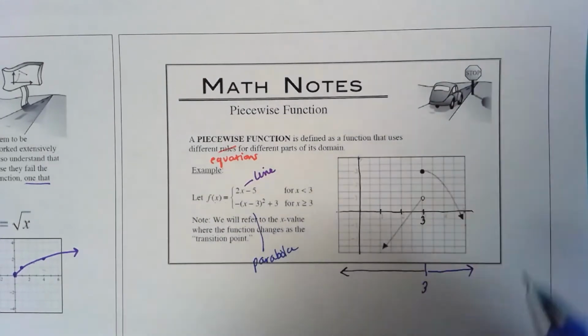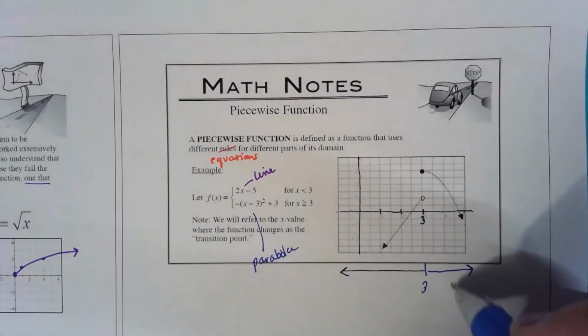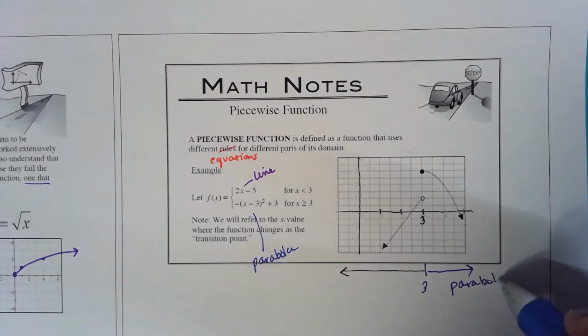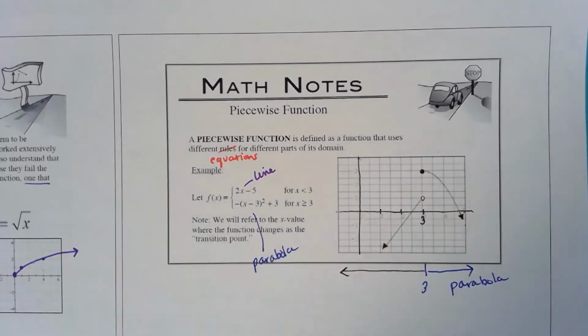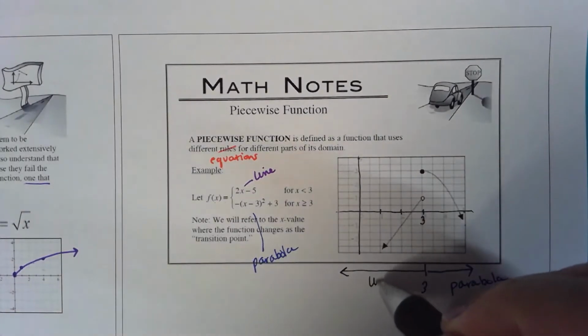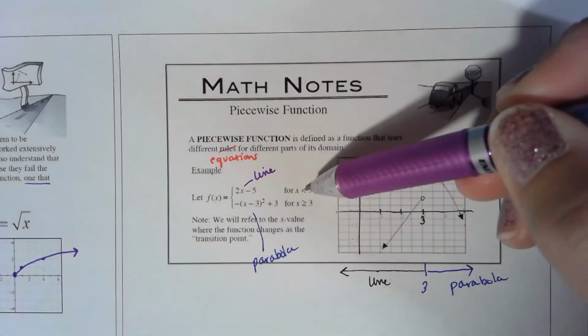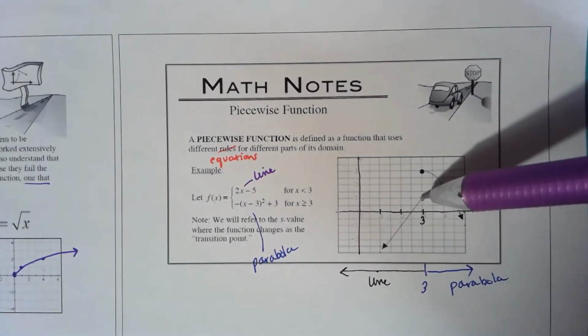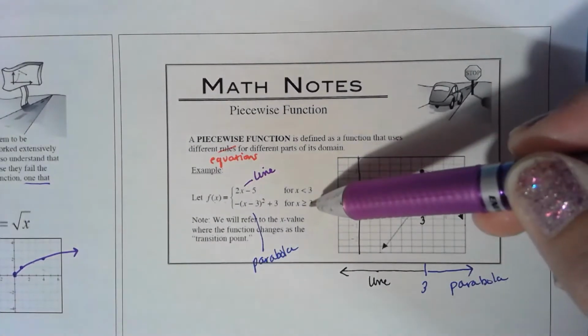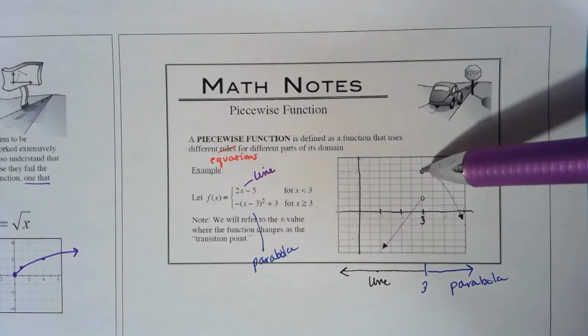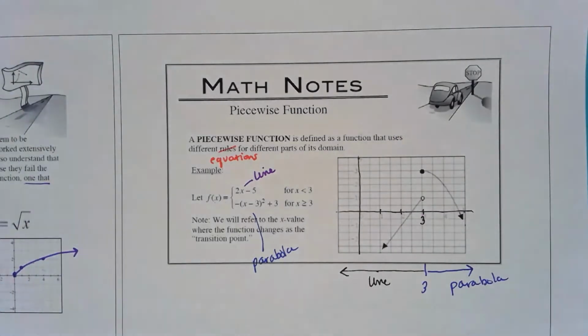So we've got the parabola on the right side of 3 and the line on the left side of 3. Another thing to point out is that the line did not include the 3, so they used that open circle, whereas this domain does include the 3, so we want to make sure we fill that in.